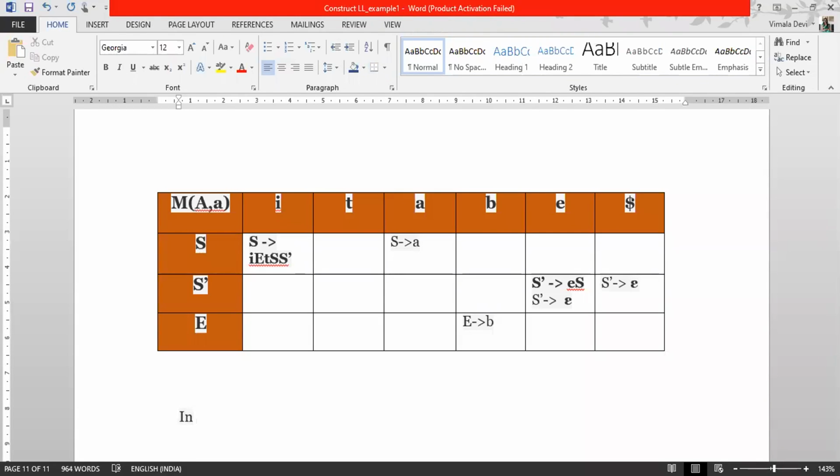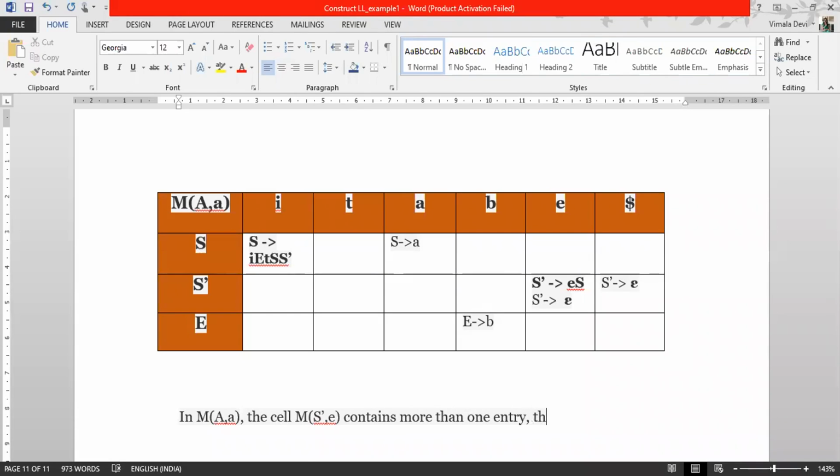In M of A comma a, it means the cell in the table. So what is the address of the cell here? It is M of S' comma e. S' comma e contains more than one entry.